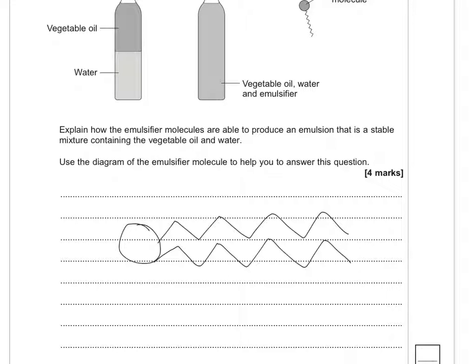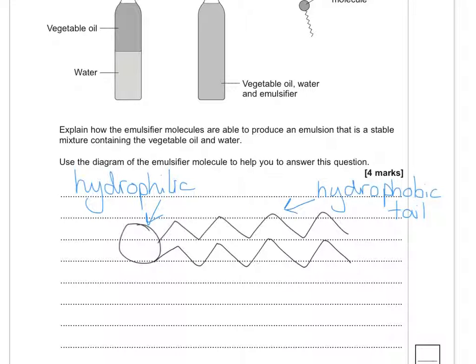Right, there are some key words here that we need to remember. The head of the molecule is hydrophilic, and that means that it likes the water or it's attracted to the water. The tail is called the hydrophobic tail. Now the hydrophobic tail does not like water, so it is attracted to the oil.